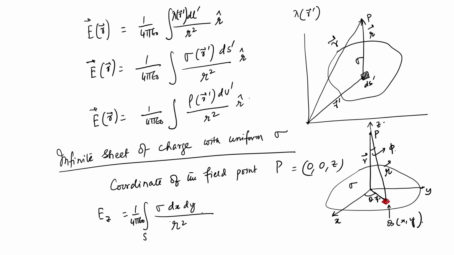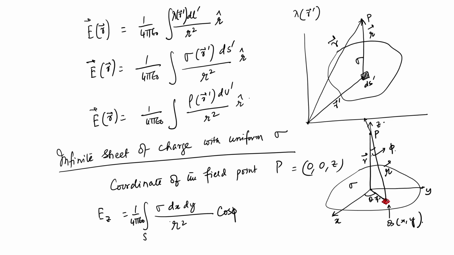And now because it is on the z axis, this angle is phi. So, the z direction will be along the cos phi, because for this element it will be along that line. So, you take the projection along the z axis.